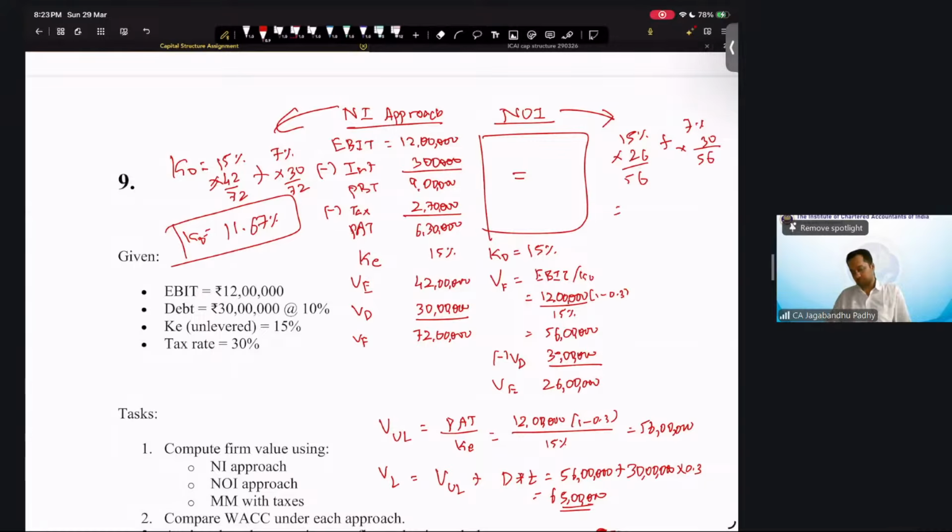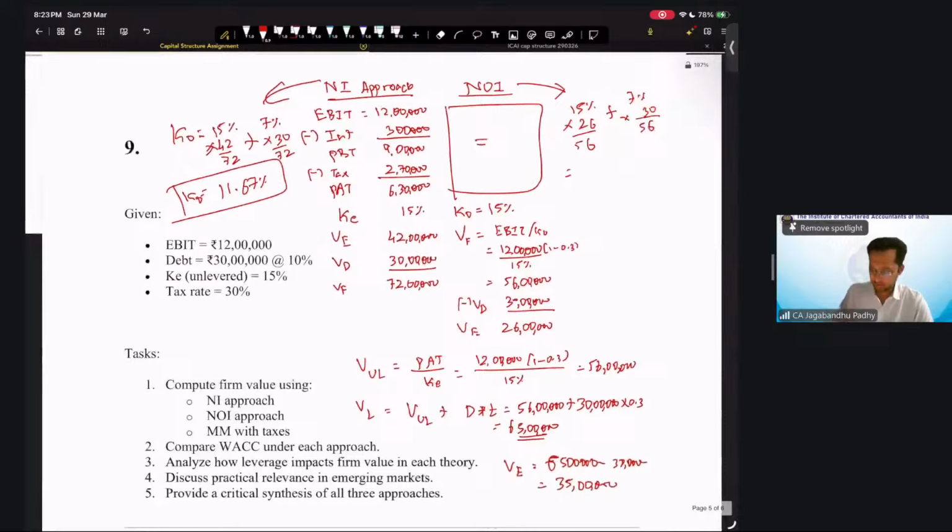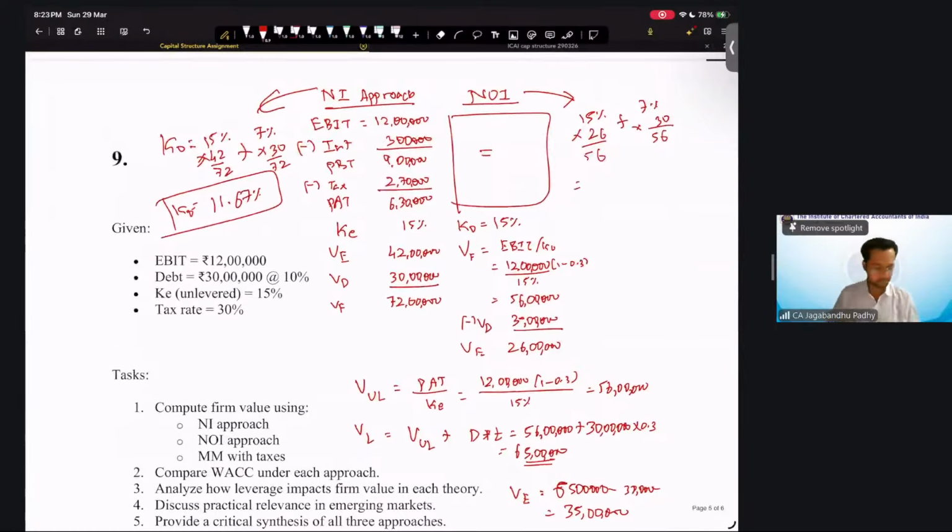So what's the cost of capital in NOI? 15 into 26 by 56 plus 7 into 30 by 56. This is 10.71%.